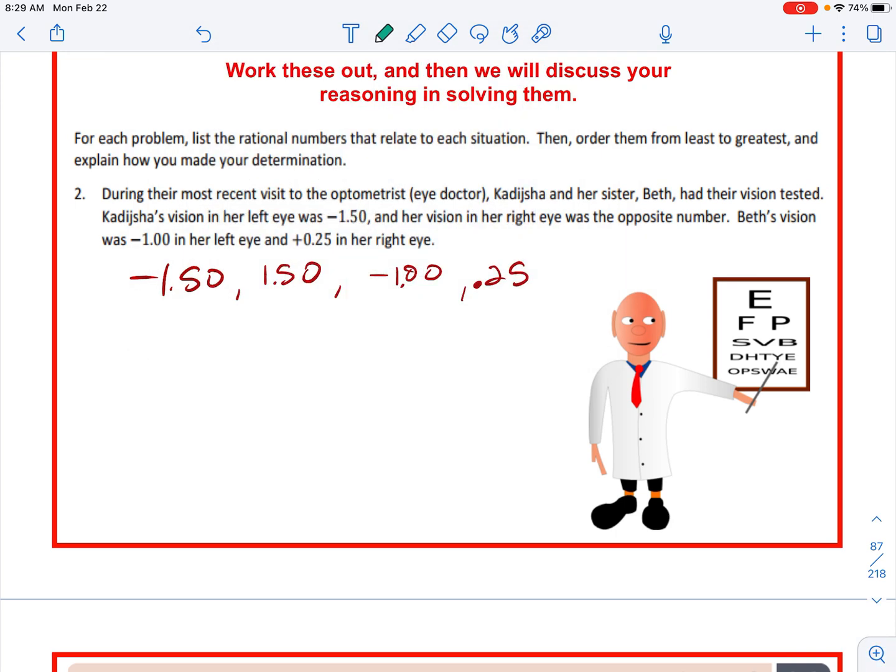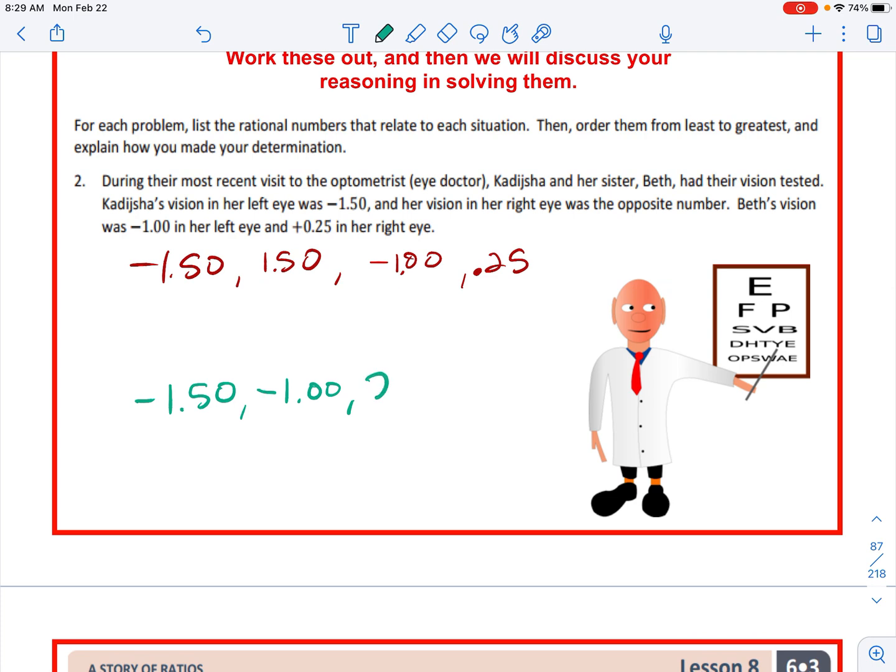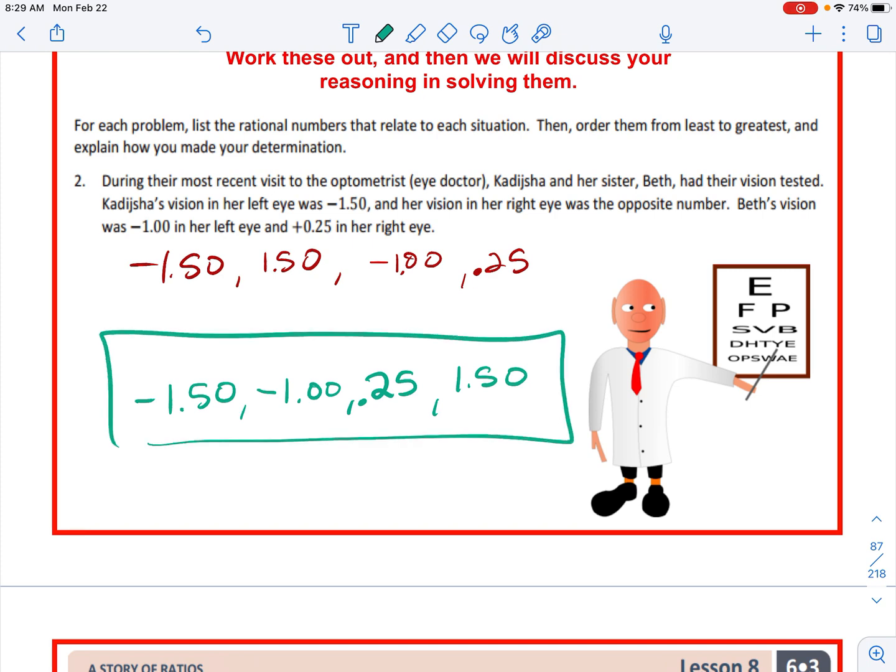The smallest one, obviously, is going to be -1.50. And then -1. Okay, and then we have in the positives 0.25, and then 1.50. And that's my order from least to greatest.